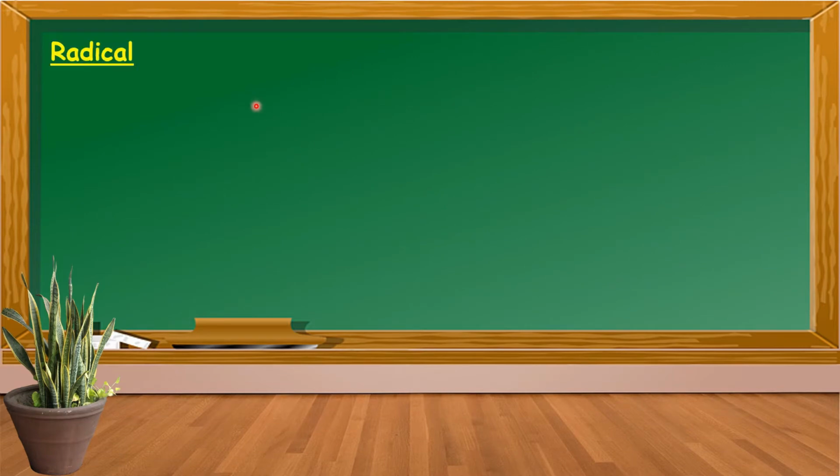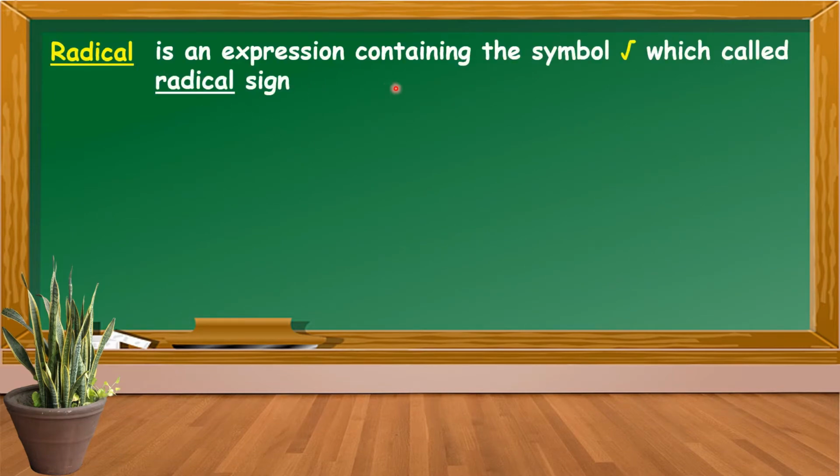A radical is an expression containing the symbol called the radical sign. We have an example of a radical expression here, which is the cube root of 8 squared, or we can read this as the cube root of 8 to the power of 2. Now, let us identify the parts of a radical expression.